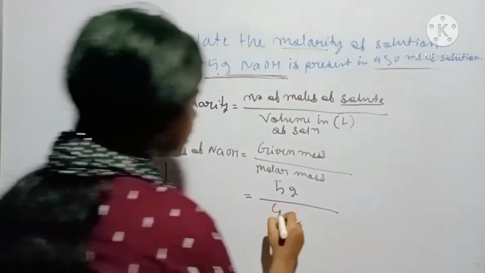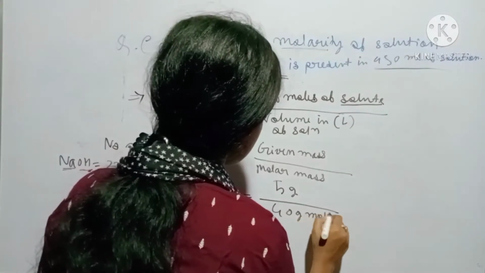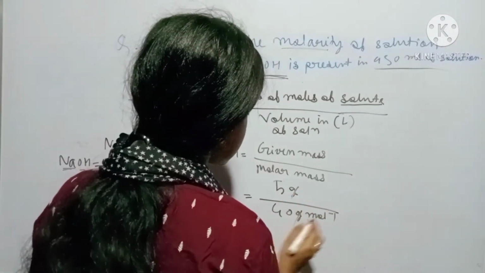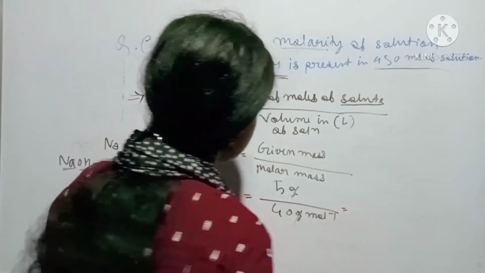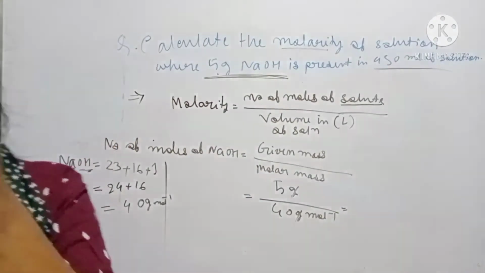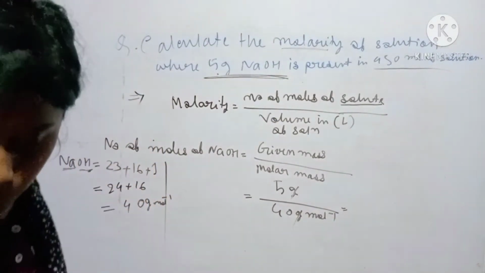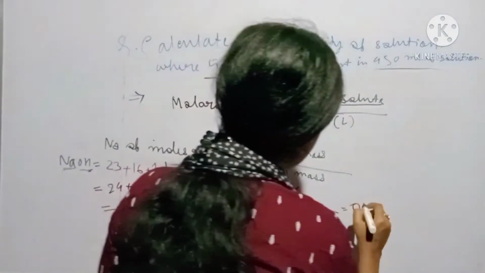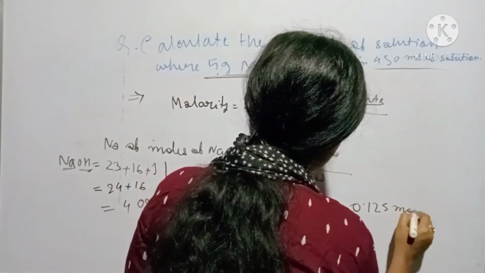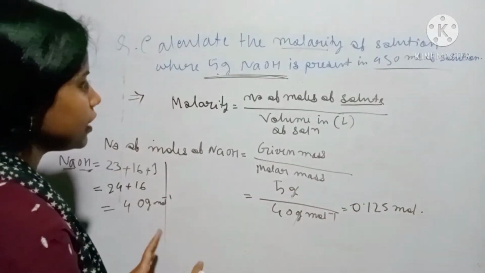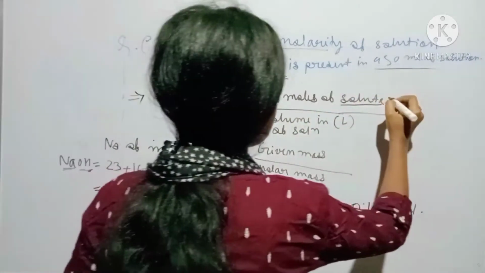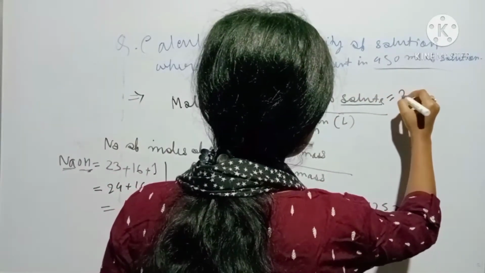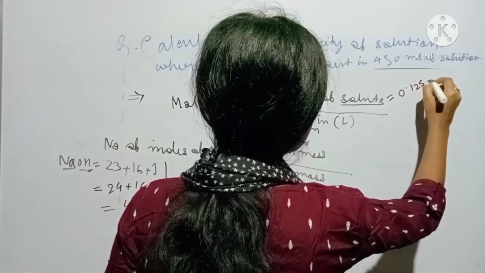So gram cancels, and if we calculate it, we get around 0.125 mole. So we calculated the moles, and we found 0.125 mole.